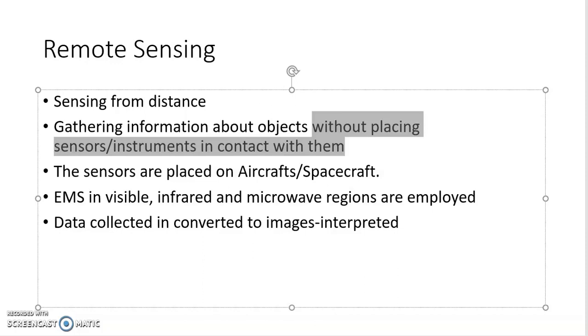Let's say you are on the total station and you have not approached the object at all. Say you are at a point and you are trying to find out the deformation of a bridge deck. You just want to sense what is the level of the bridge deck when there is no loading and when you load a truck. How do we determine whether the deformation of the bridge deck is within permissible limits?